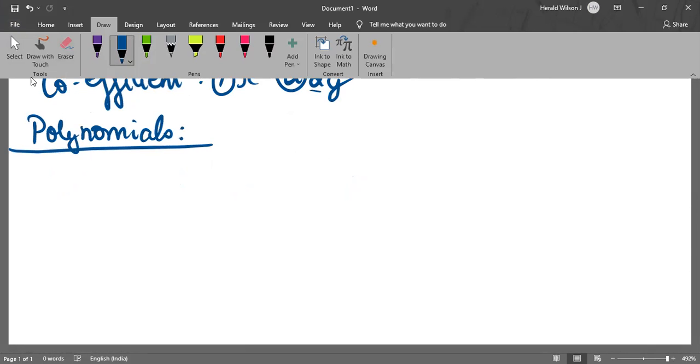So, polynomials, let me give you a proper definition. Polynomials are algebraic expressions in which the variables involved have only positive integral powers. Such an expression is called a polynomial. Are you getting my point?